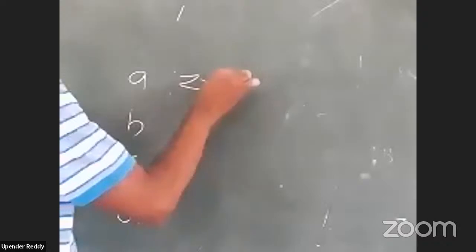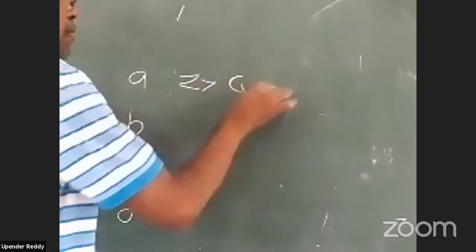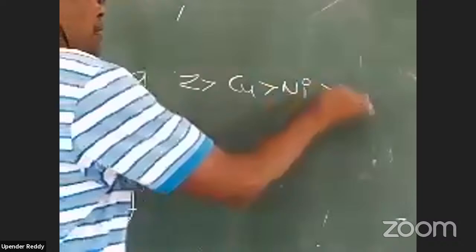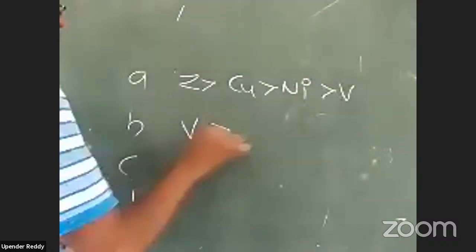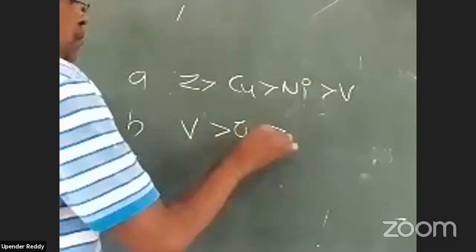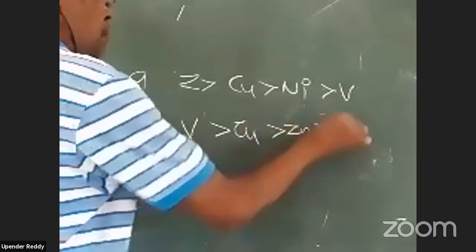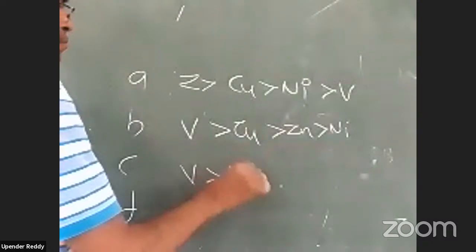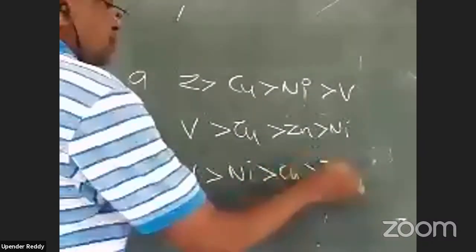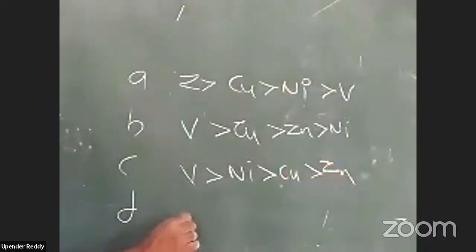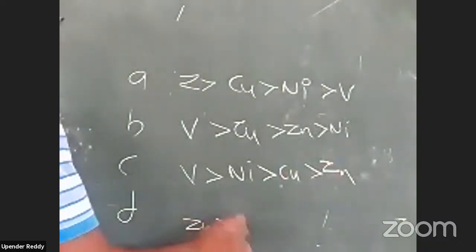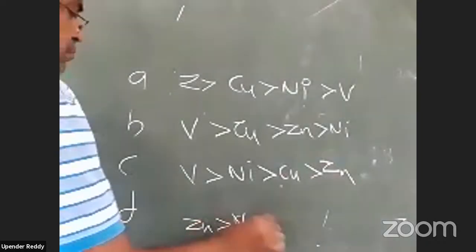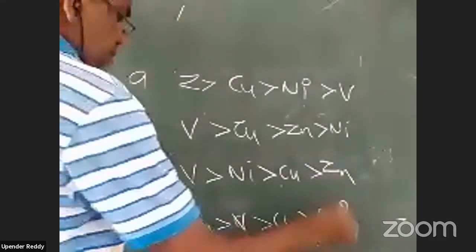Choose the correct one from the following: A, B, C, D. Which is correct?